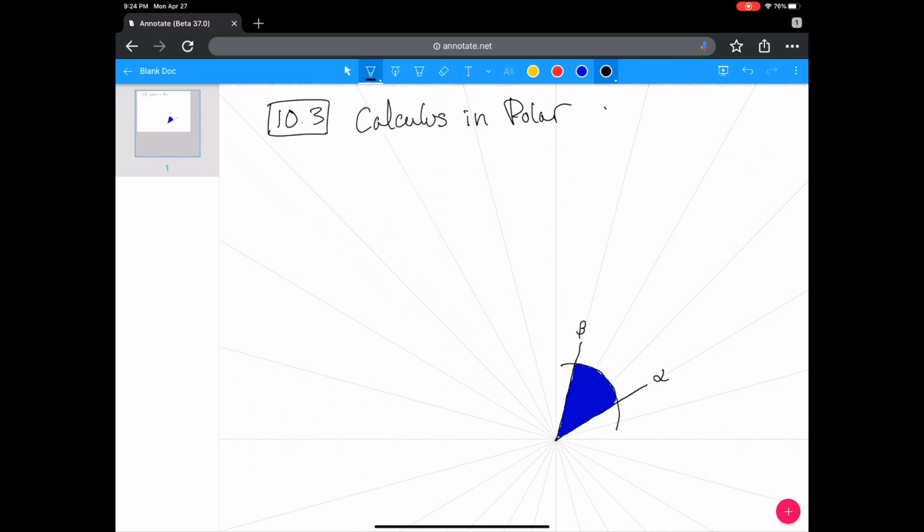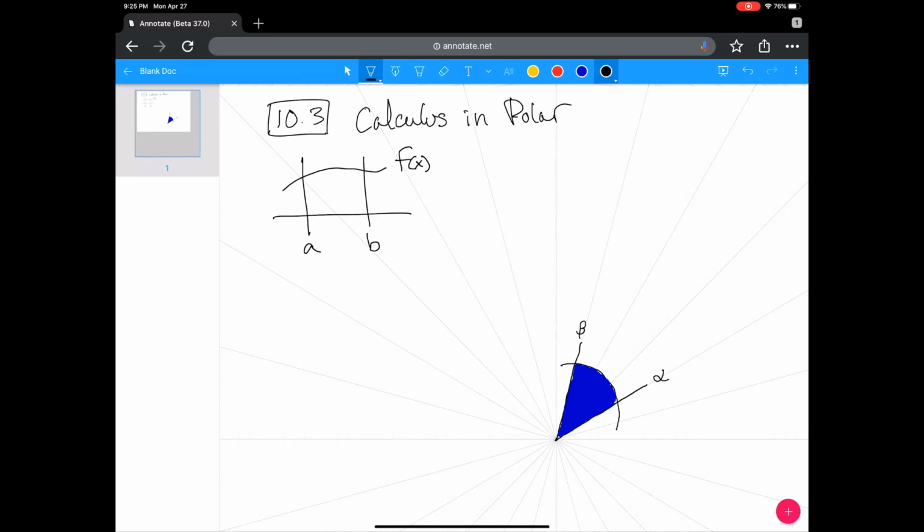Let's relate this to the original area problem that led us to integration. In an original area problem, you had an a and a b, and a function f of x, and you wanted the area under the curve.